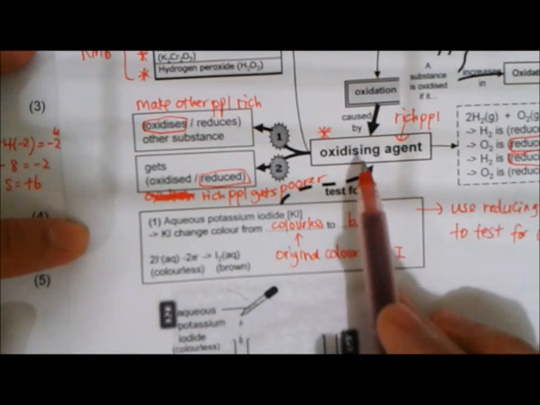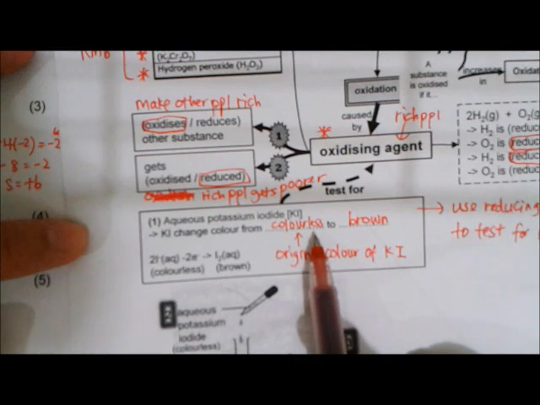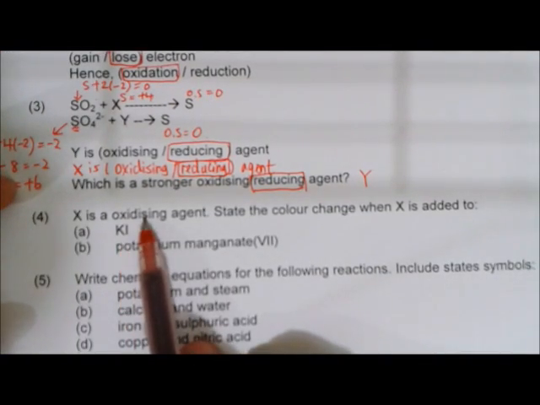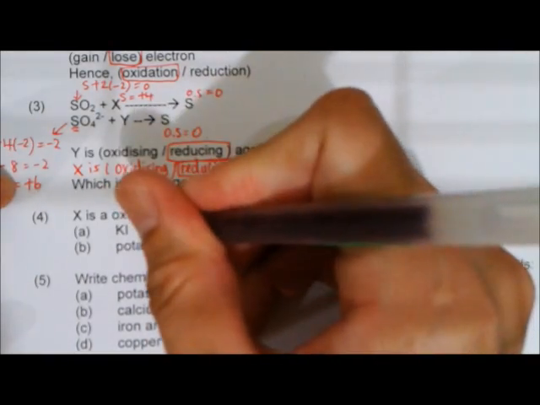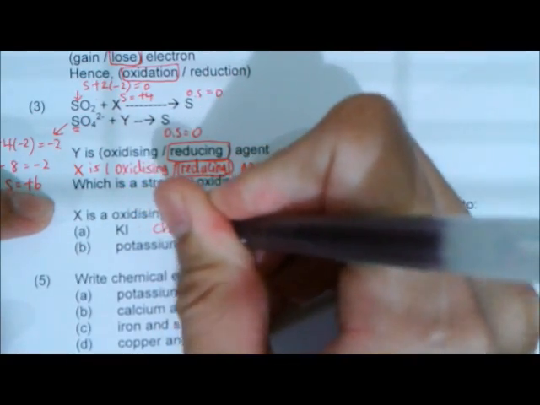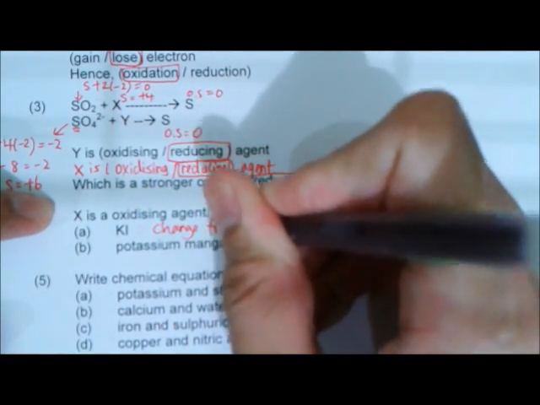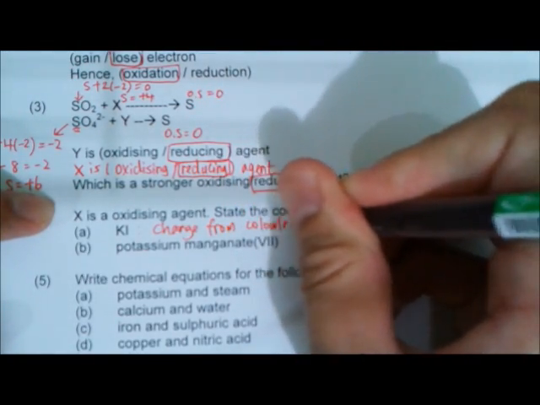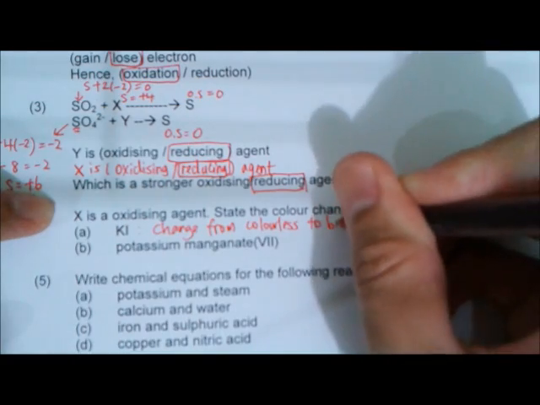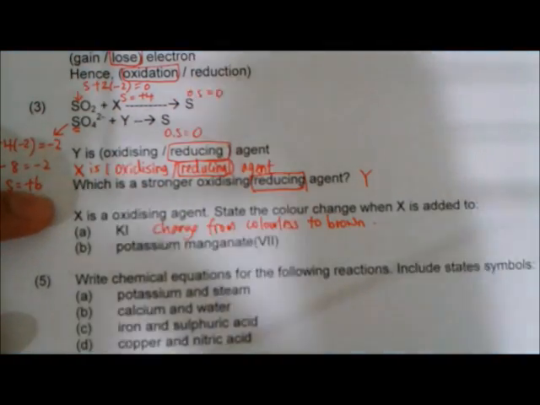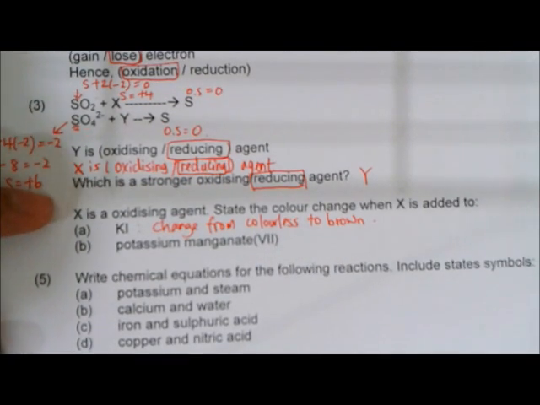So when KI is added to oxidizing agent, there will be a color change, colorless to brown. So the color change, that means it will change from colorless to brown. Remember, for color change, you must state the original color as well as the final color.